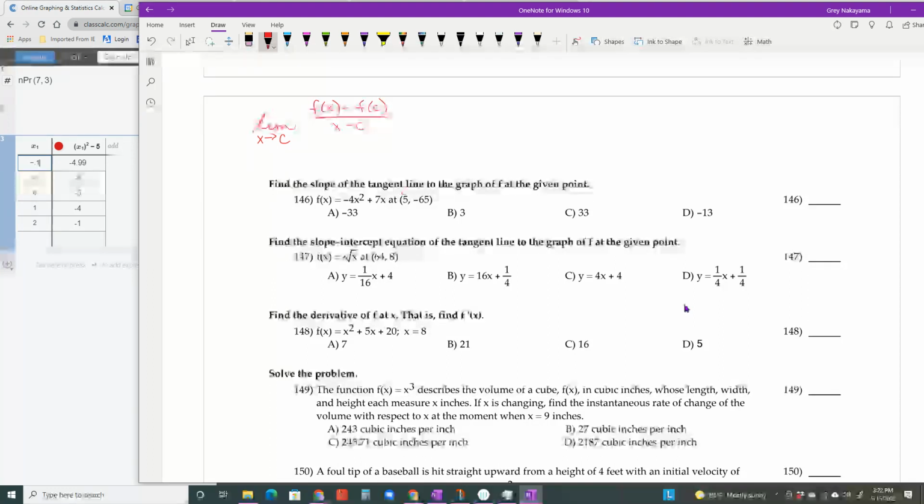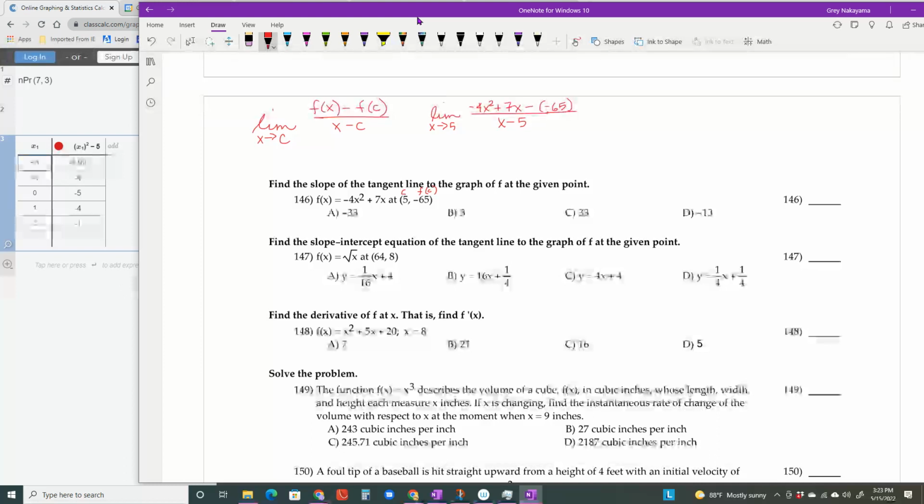This is c, and this is f of c. So in this case, I'm going to have the limit as x approaches 5. F of x is negative 4x squared plus 7x minus a negative 65, because f of x is the first part minus f of c is the second part, and x minus c.